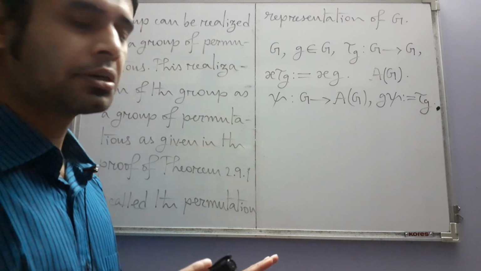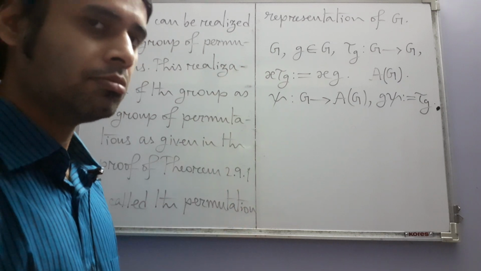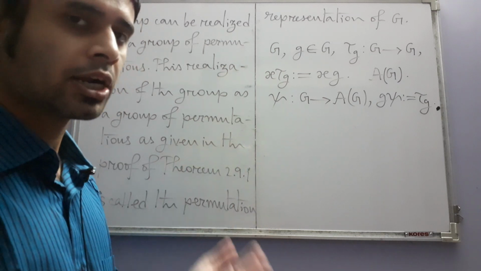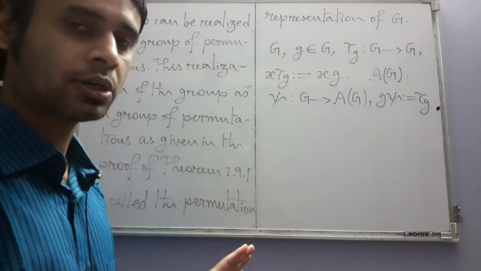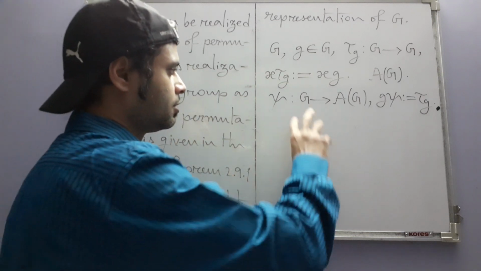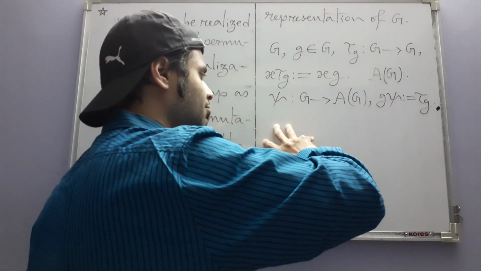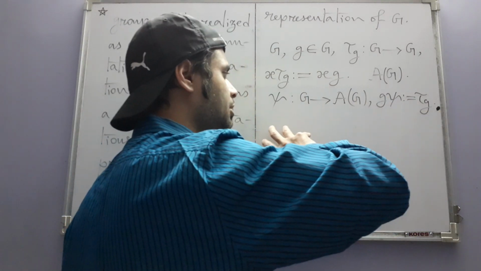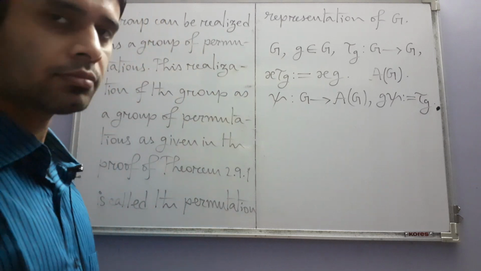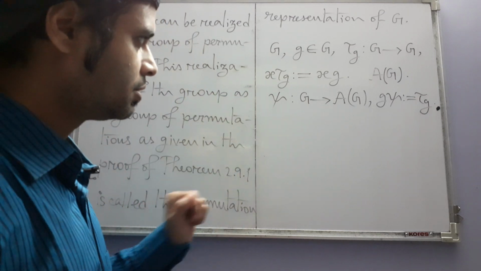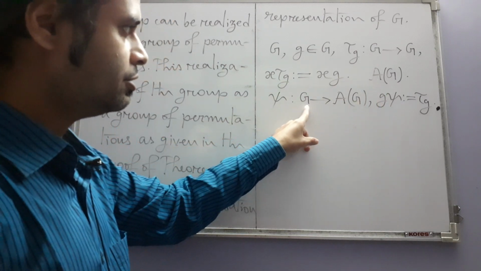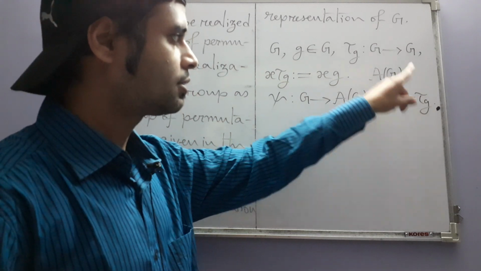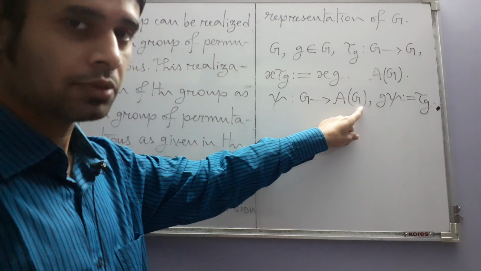In other algebra texts, isomorphism means one-to-one as well as onto. Here, however, isomorphism means only one-to-oneness, injectivity. So the thing is that G finds an isomorphic copy inside A of G, and under this isomorphism, the element g in G corresponds to the function tau g, which is an element of A of G.